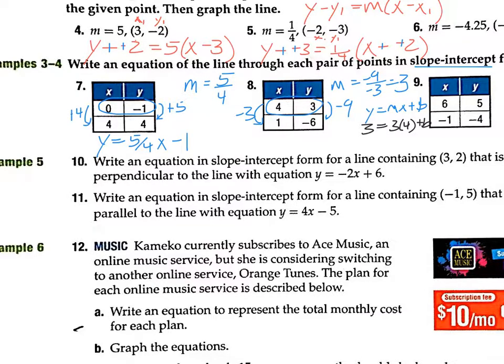Now I'm going to solve for b. So 3 equals 12 plus b. Subtract 12 from both sides, and that gives me -9 equals b. Now I have my b and my m, so I can write the equation y equals mx plus b, or in this case, y equals 3x minus 9.